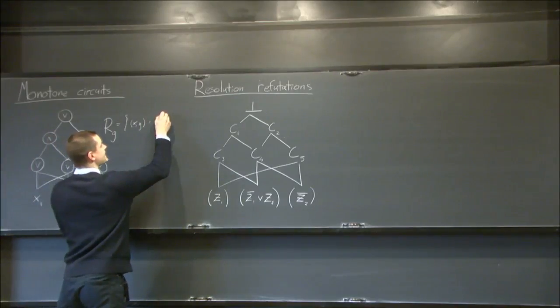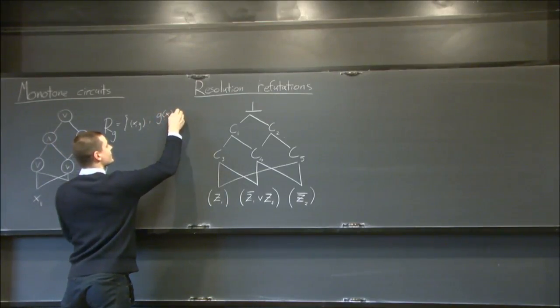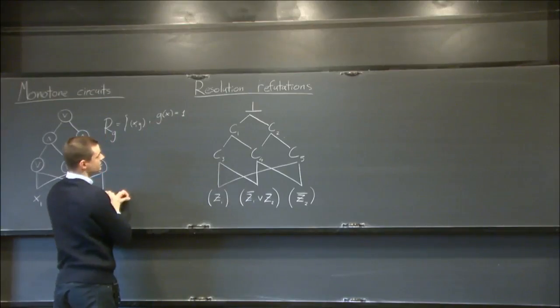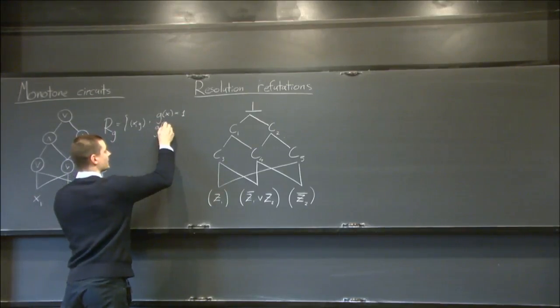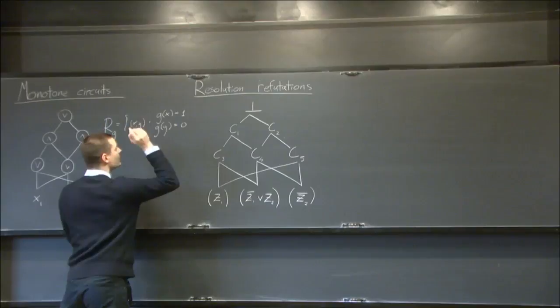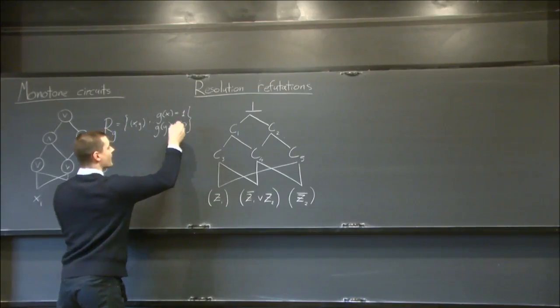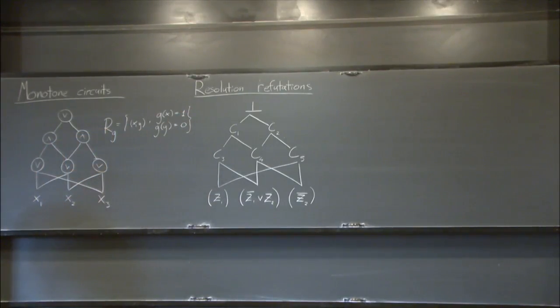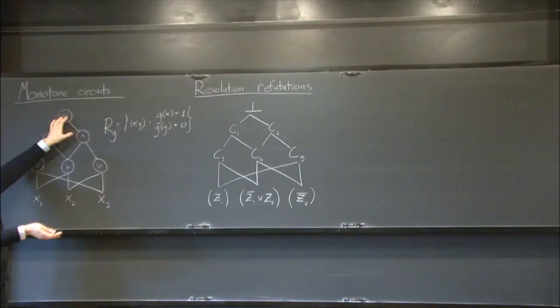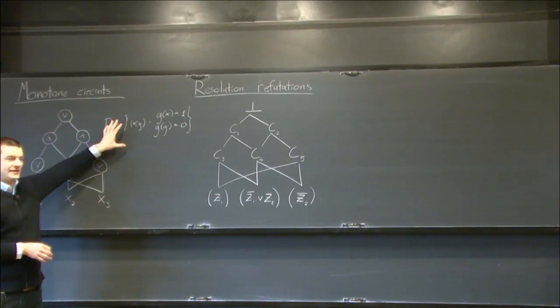So the gate evaluates to true for the yes input and false for the no input. So let's look at the top node. The top node computes this monotone Boolean function. So it means that every yes input evaluates to true, every no input evaluates to false. So the corresponding feasible set is everything.